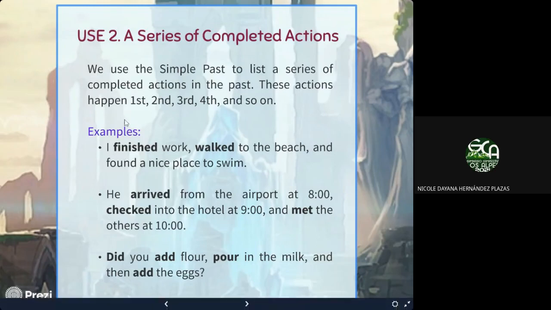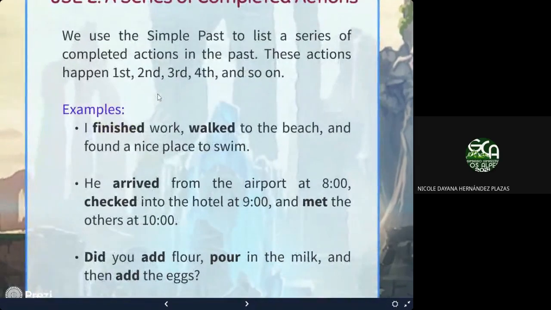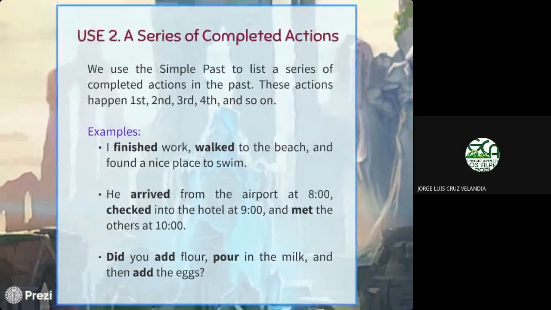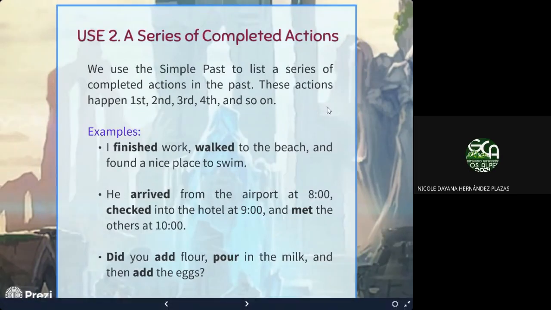So, let's read this part. Let me check. Okay, can you please help me reading that part? ¿Me llamaste, profe? Yes, maybe. Can you please help me reading this first part of the slide?